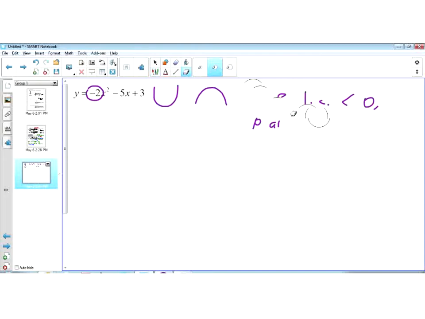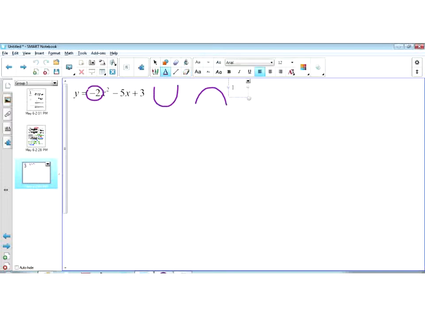Let me go ahead and type this. It's easier to type. So let me summarize better. Since the leading coefficient is less than 0, the parabola will point down.